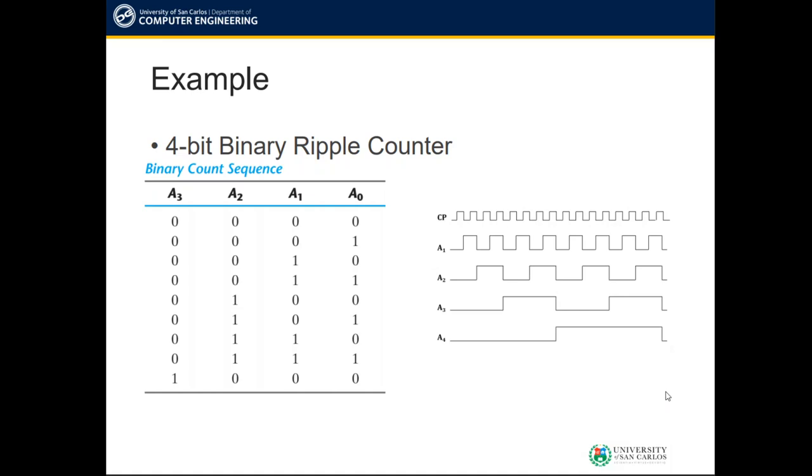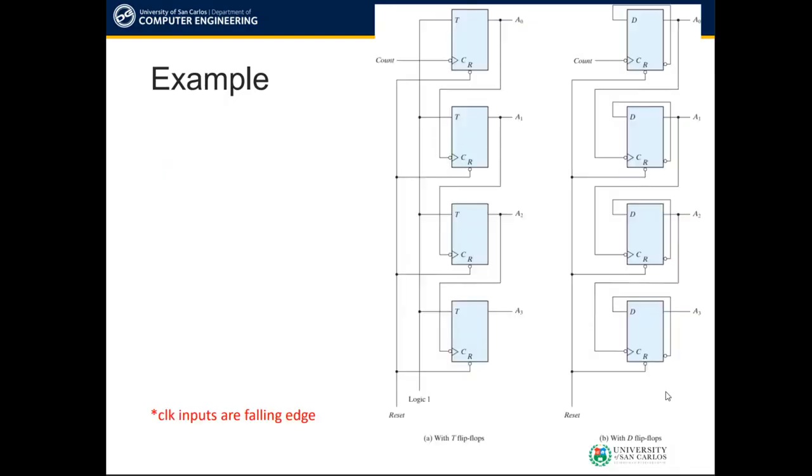To illustrate this in flip-flop form, I will give you the example of the T flip-flop and also the D flip-flop. On the left side here we are using the T flip-flop, and on the right side is the equivalent 4-bit binary counter using the D flip-flop.